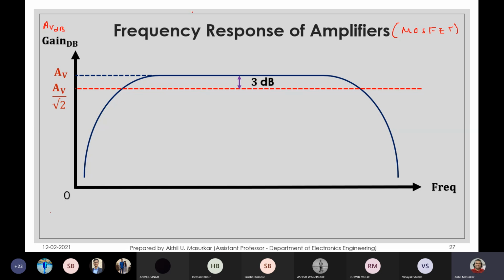So what we do is, as we have seen through the experiment, we calculate AV, then we draw this line, that is the blue one, and then we go 3 dBs below it and draw the red line.